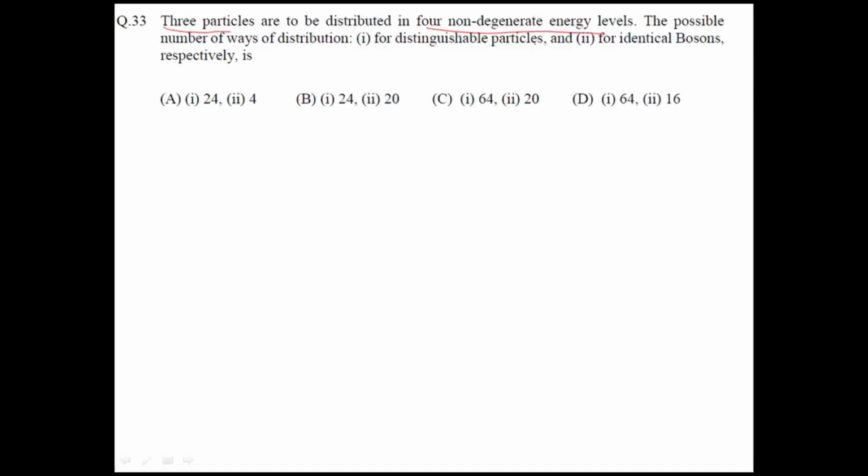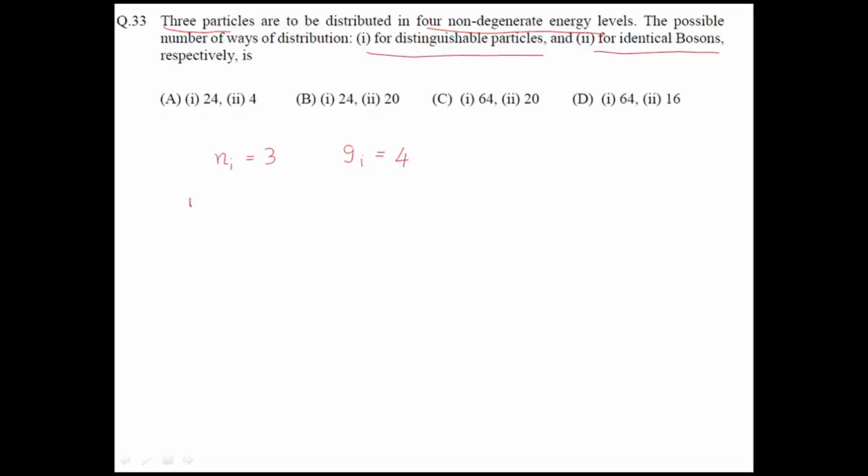They have asked us to find the possible number of ways of distribution if we consider the particles as distinguishable for option 1, and as identical bosons for option 2. Ni, the number of particles, is 3 and Gi, the number of energy levels, is 4.